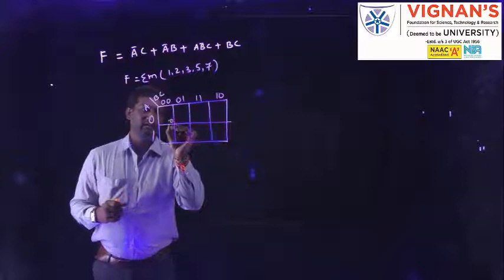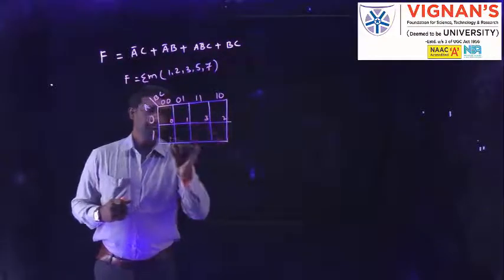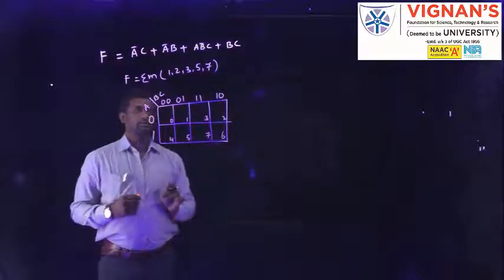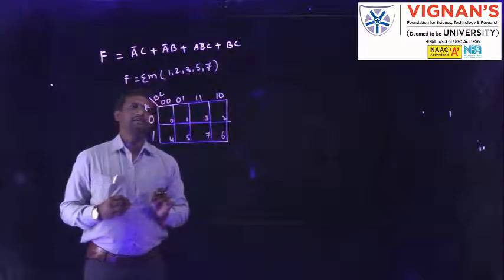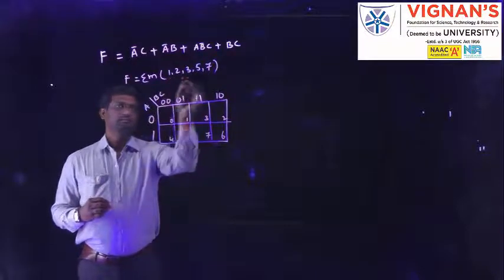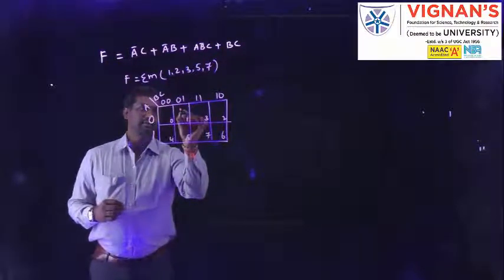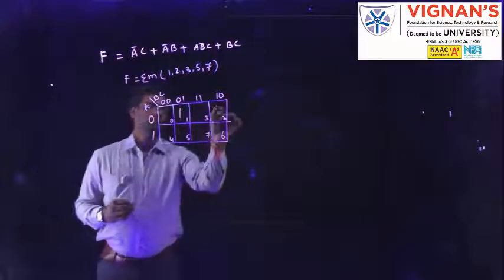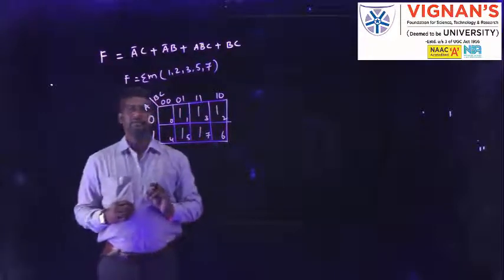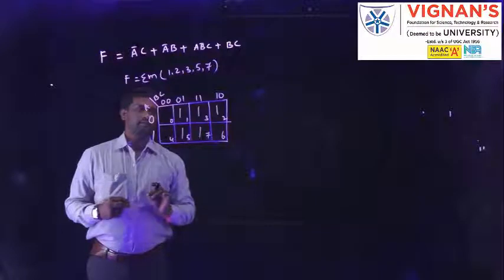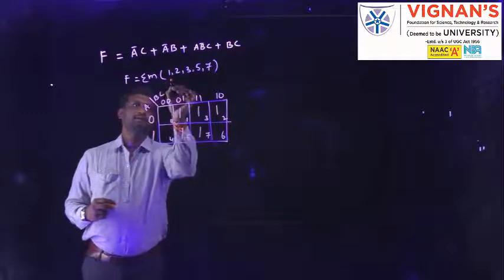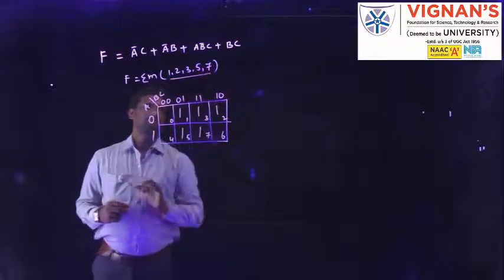Corresponding cell values are 0, 1, 3, 2, 4, 5, 7, 6. Now assigning ones onto the cells for the minterms present in the Boolean function. So those cells are cells 1, 2, 3, 5, 7. These are the cells with ones because in the expression we have minterms 1, 2, 3, 5, 7.